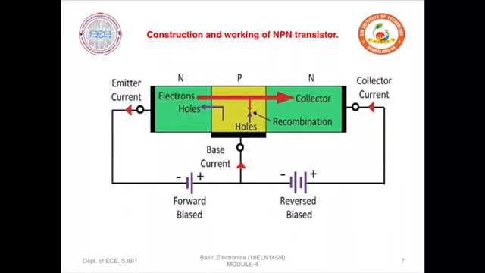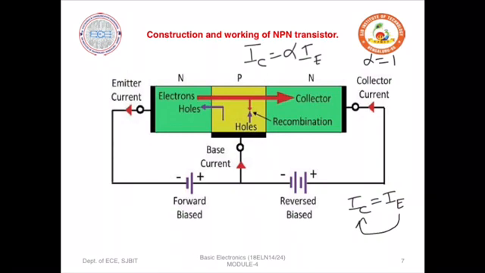As a result, we can say that IC is equal to alpha times IE. For alpha equal to 1, IC is equal to IE, because most of the carriers from the emitter reach the collector. So the current at the emitter is almost equal to the current at the collector.